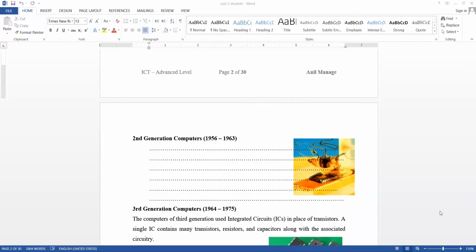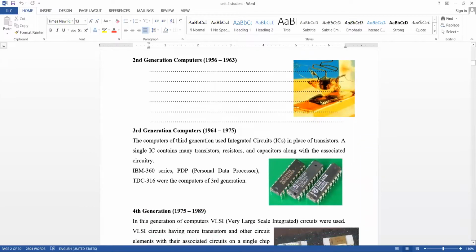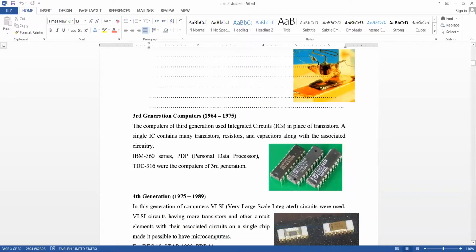Then we go to the third generation computers, 1964 to 1975. So in the third generation, what has happened? The computers of the third generation use integrated circuits, called IC, in place of transistors.